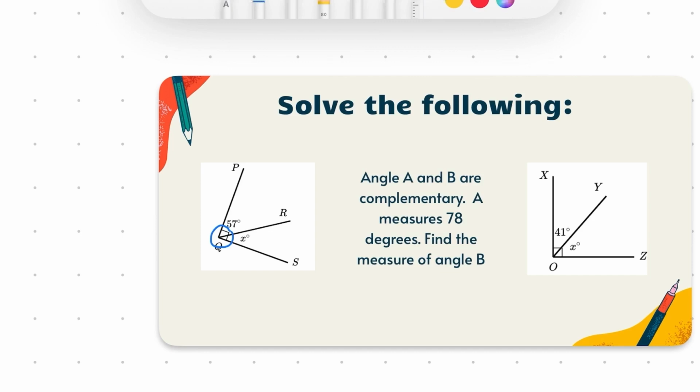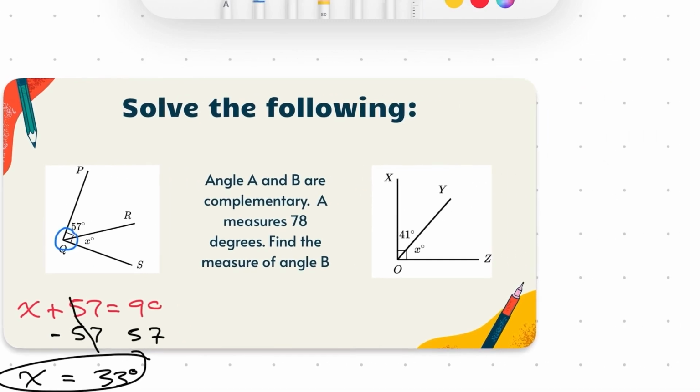Well, remember that x must be complementary to 57. Remember, for complementary angles, they both add up to 90. And since this is a right angle, I can set up an equation. x plus 57 equals 90. And now, to solve for x, I simply subtract 57 from both sides and get that x equals 33 degrees.